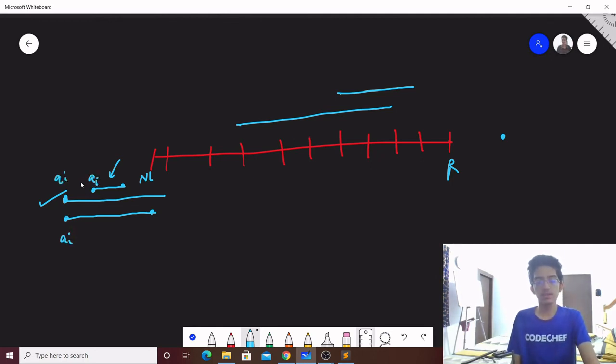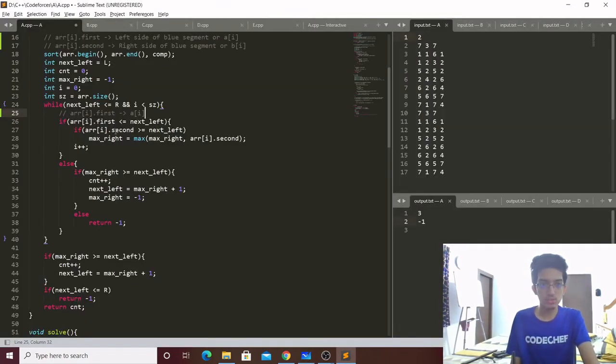So in this case, we want to select that blue segment which gives us the maximum coverage over red segments. So we update max right, that is the maximum possible number of red segments that we are covering by this, and then we move on.